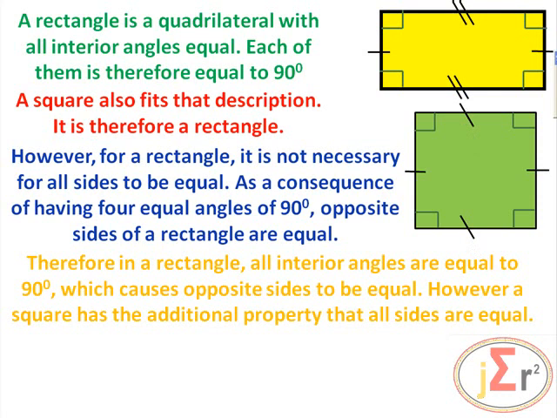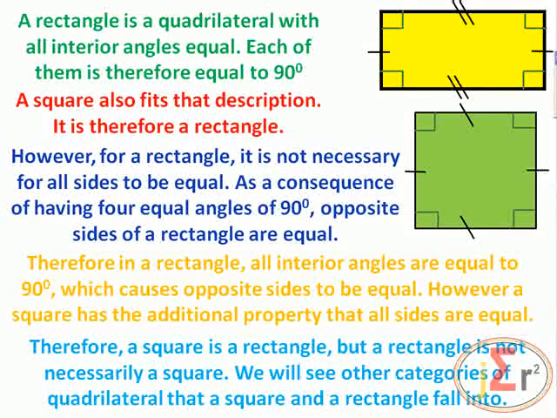So notice that when a square is drawn with dashes on the lines, all of the lines will have the same number of dashes, meaning that all of the sides are equal. Therefore, a square is a rectangle, but a rectangle is not necessarily a square.